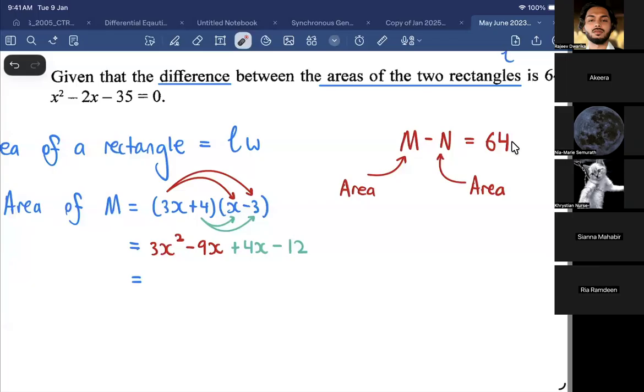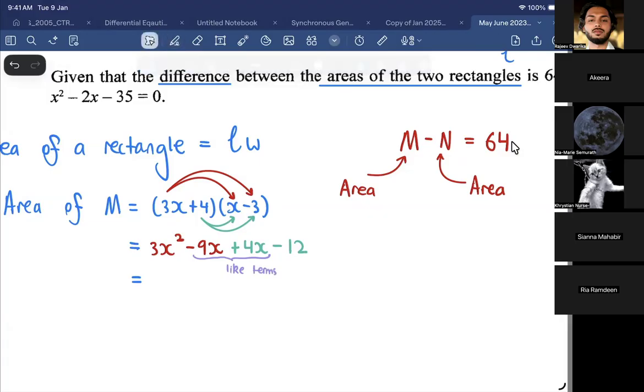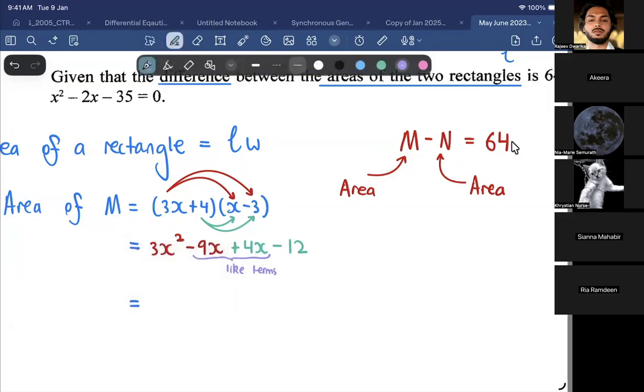So 9x and 4x. These are like terms because both of them are x terms. So what is minus 9x plus 4x? Minus 5x. That's correct. Does everybody understand that? Yes, sir. All right.